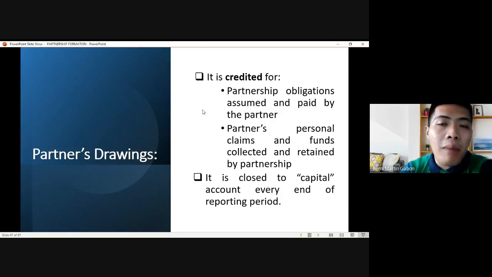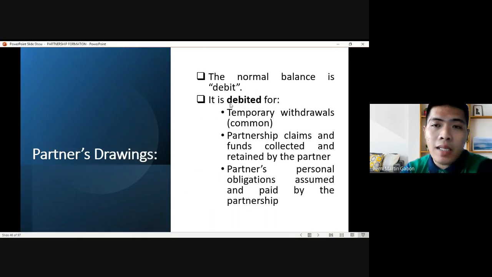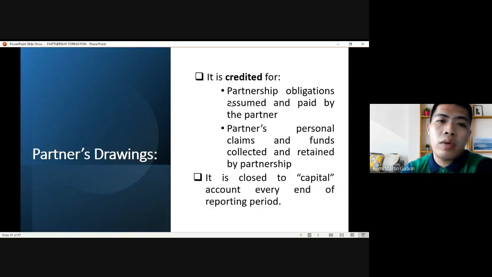It's like the reverse. It is the reverse of the second to the last bullet of the debited part. Then it is also credited, after being maintained temporarily, when it is closed to the capital account every end of the reporting period.